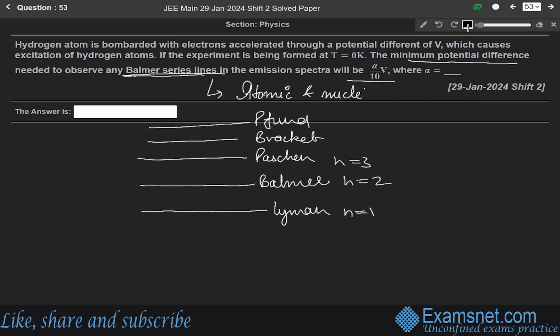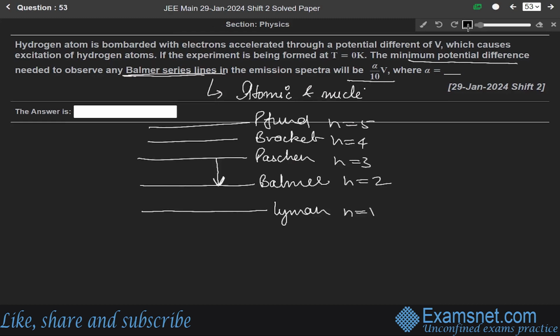Minimum potential difference occurs when, for minimum potential difference, the electron has to make a transition from 3 to 2. But first the electron has to reach n equals 3 from the ground state.